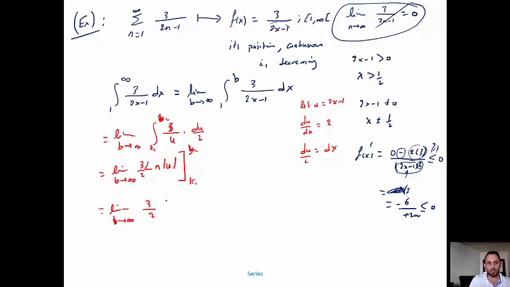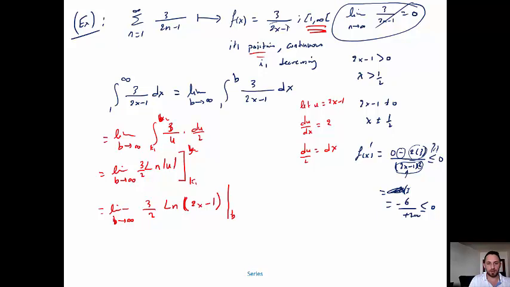Now it's not necessary to put the absolute value. Why? We know 2x minus 1 is positive for any x greater than 1, right? So it is positive, continuous, and decreasing in this domain. So it's not necessary to have the absolute value, between 1 and b.